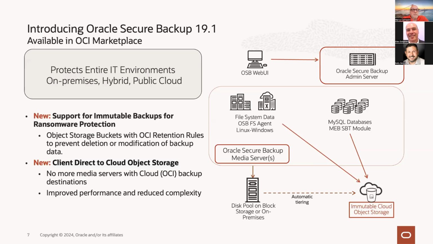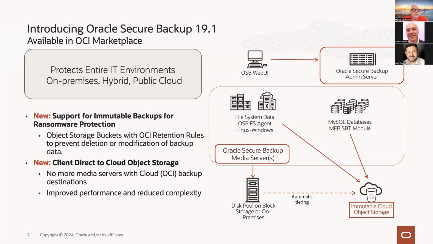The second one is the ability to send backups directly from clients to the bucket, what we call client direct to cloud. It's a feature that basically removes the media server requirement from the whole environment.